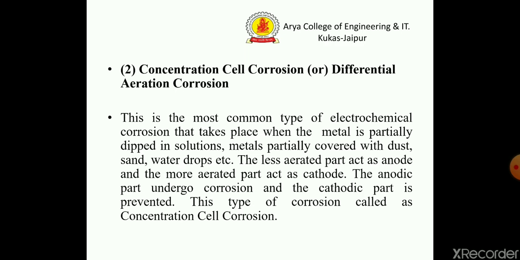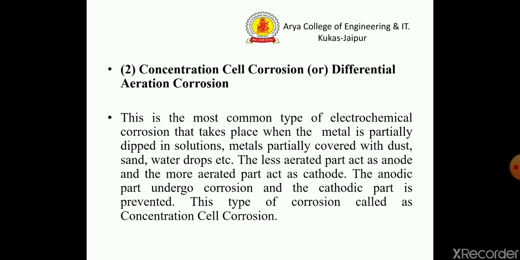The second wet corrosion is concentration cell corrosion, also known as differential aeration corrosion. This is the most common type of electrochemical corrosion, which takes place when the metal is partially dipped in the solution, or partially covered with dust, sand, or water drops.